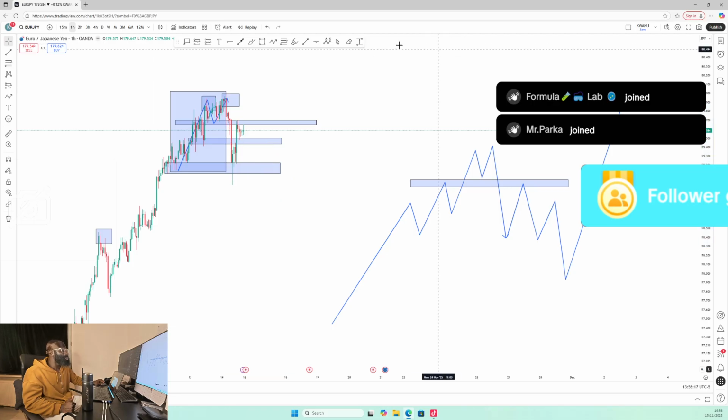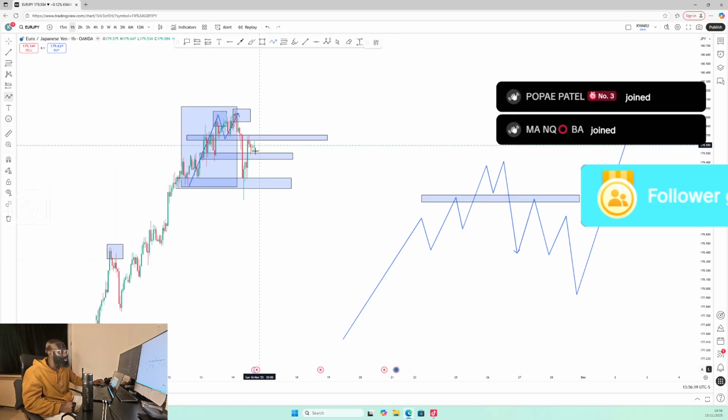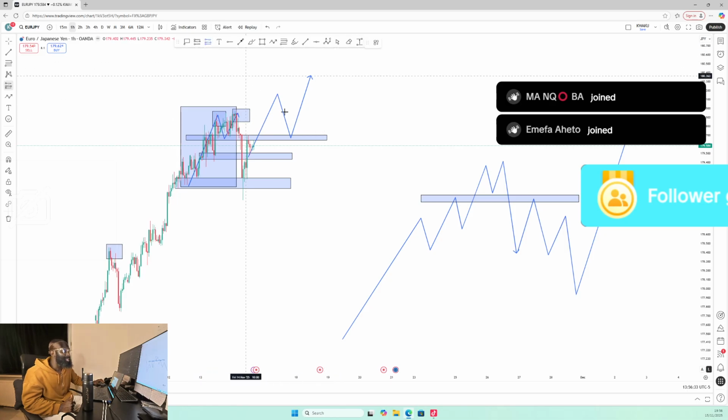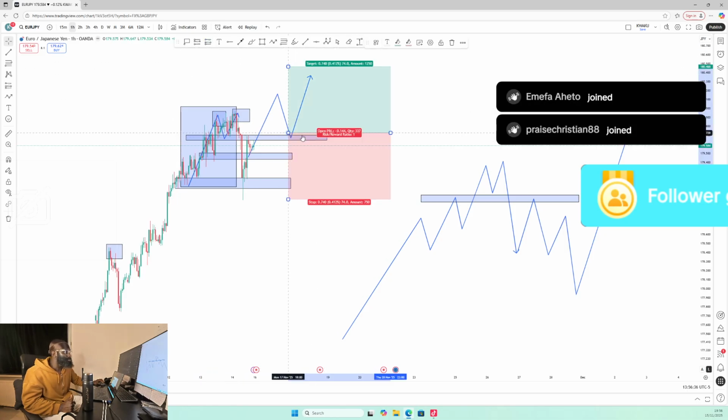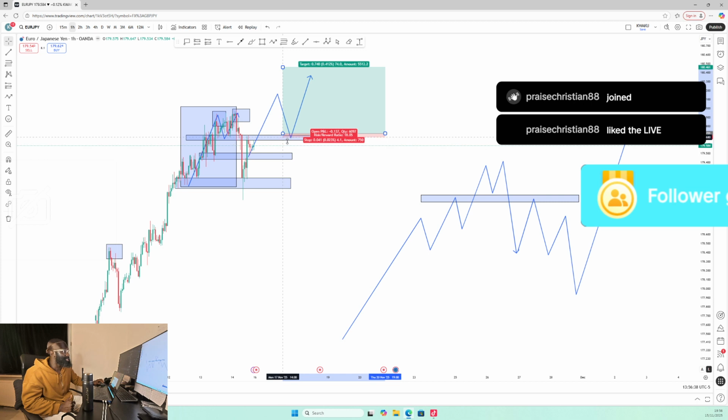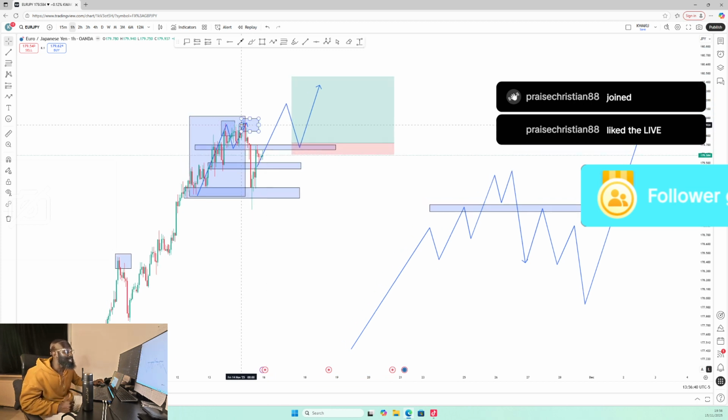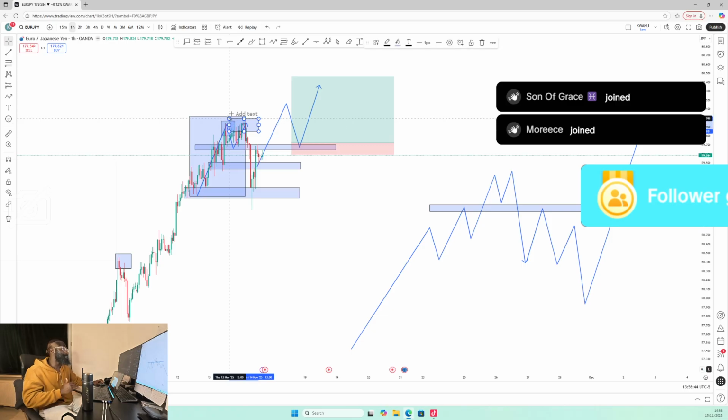If price will not give us a buy or sell opportunity, Jeff, we are waiting for price to break this last resistance. Price must break it, come back for a pullback. Jeff, that is when we'll be looking for a buy opportunity. It will be safer for you to wait for price to present itself like this. Around this level, price presents itself like this, telling us that this last resistance here is not strong, but rather price has managed to break it.